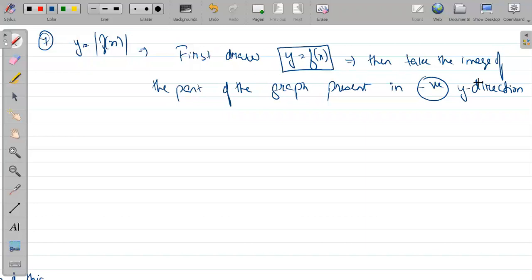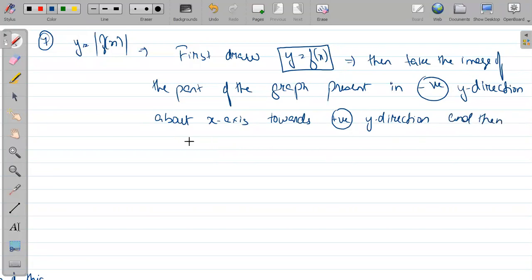Then take the image of the part of the graph presenting negative y direction about the x-axis towards the positive y direction, and then erase the original negative y part.